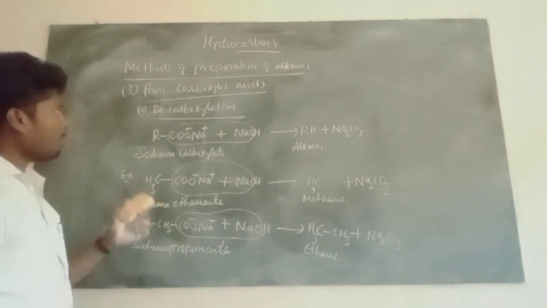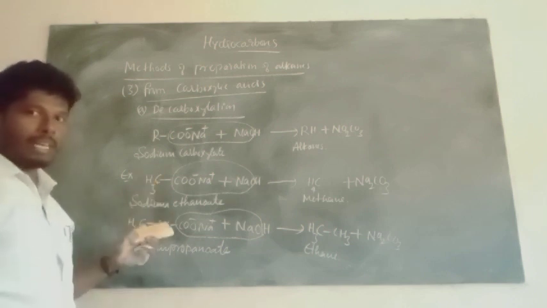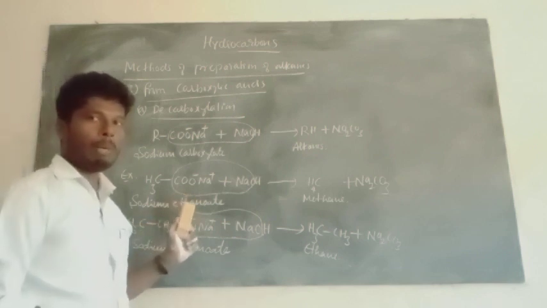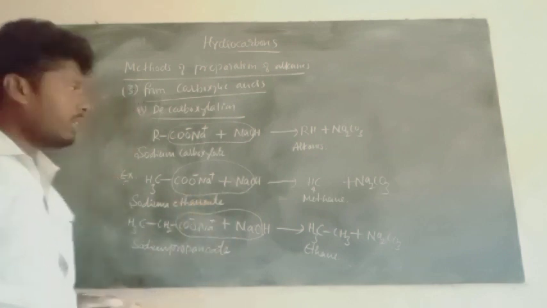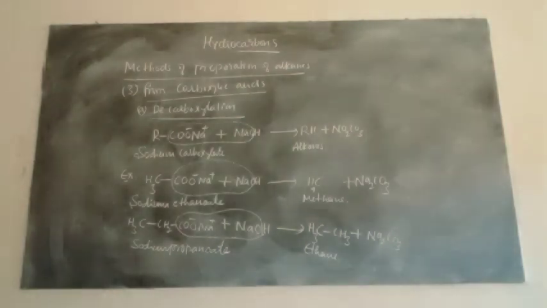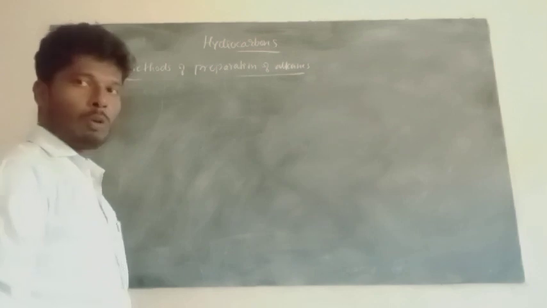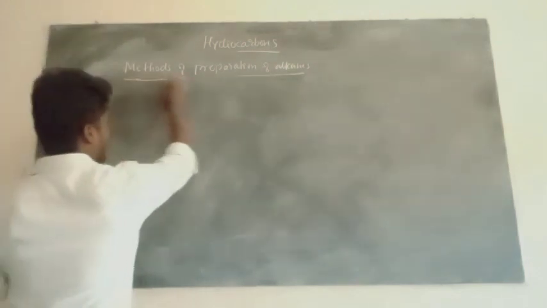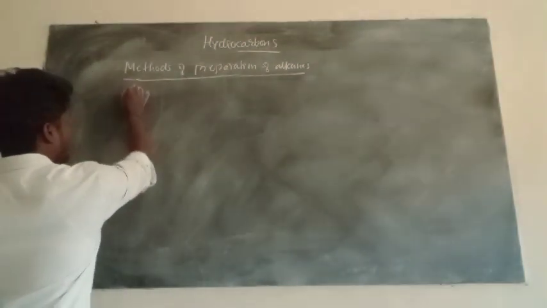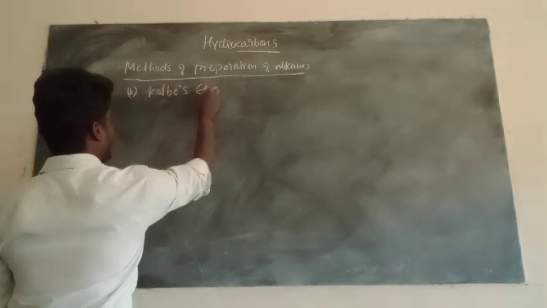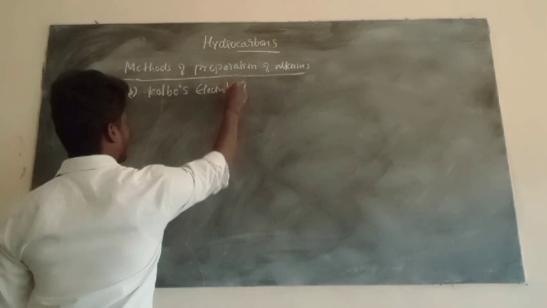Okay, so one more method is there from carboxylic acid only. That is very important for exam purposes, that we call Kolbe electrolysis. Take now the next method, Kolbe's reaction from carboxylic acid only, or Kolbe's electrolysis.